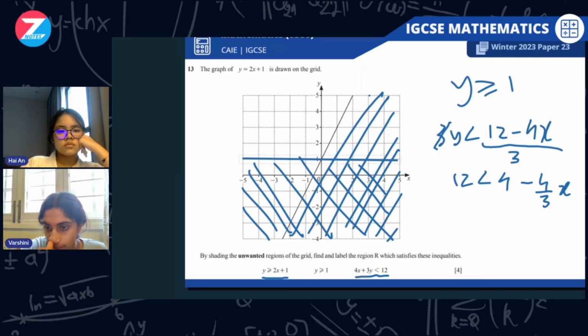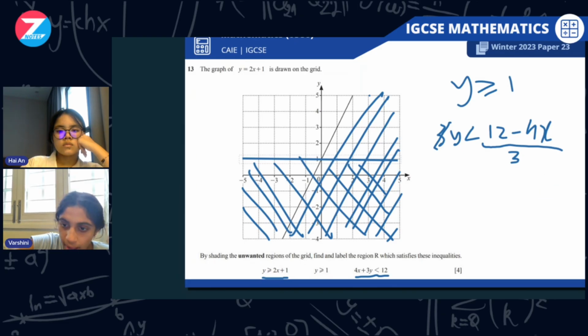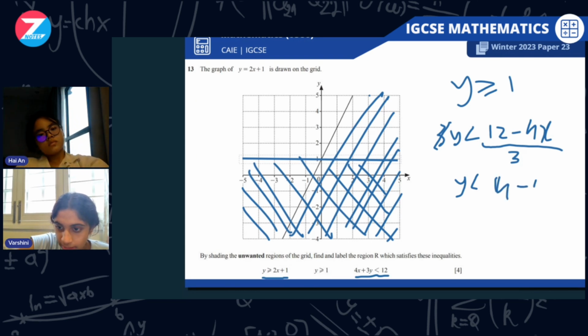Now we just need to draw the graph. Sorry, my bad. That's y smaller than 4 minus 4 by 3x.